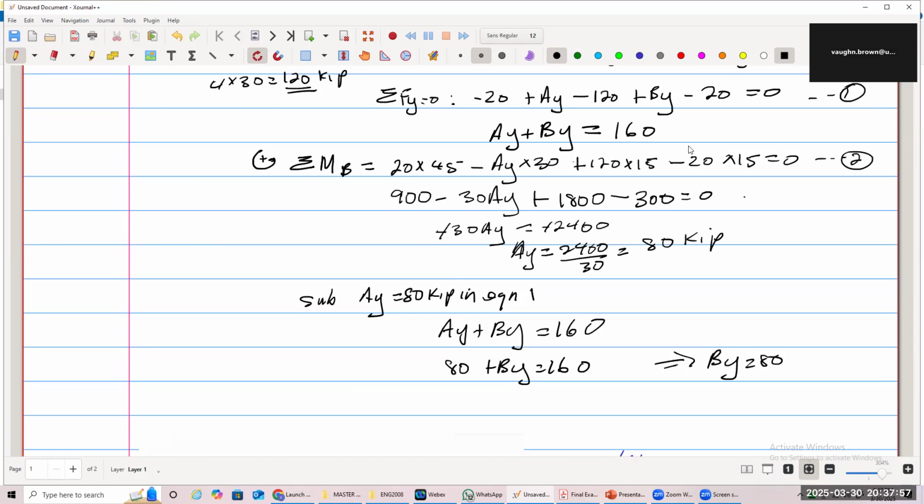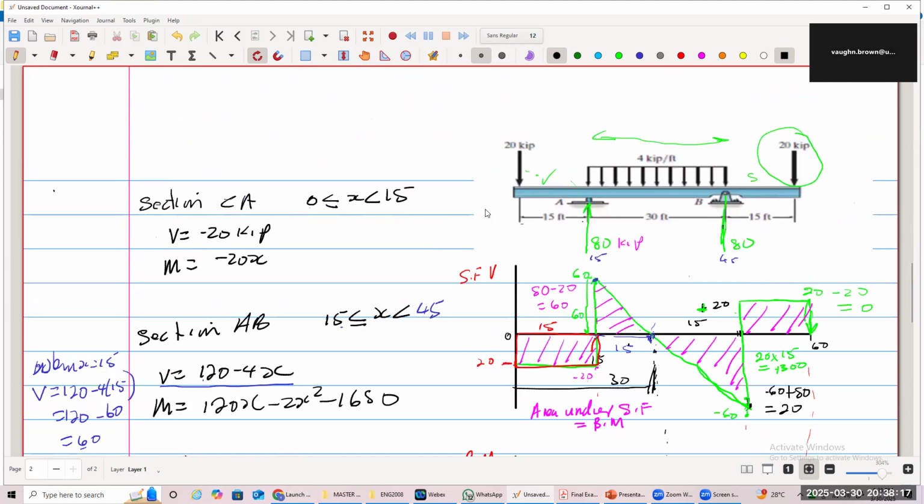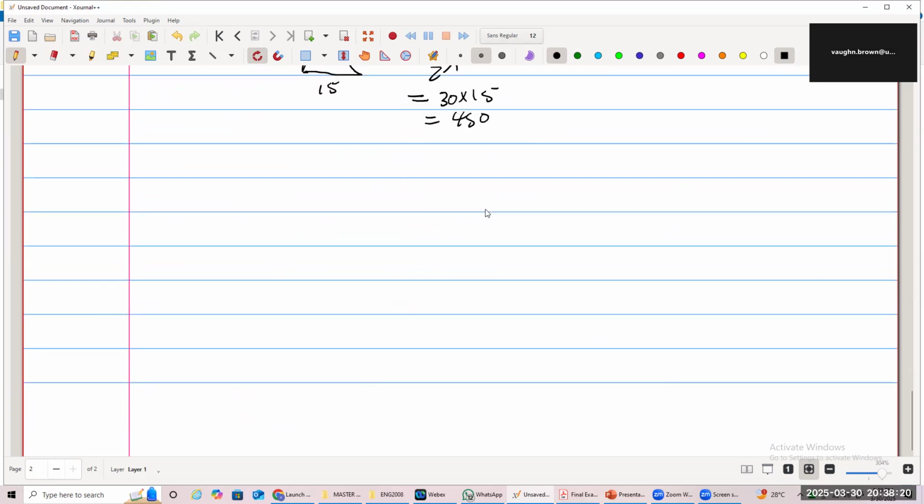And that is the challenge why I didn't really use the singularity method. But there is a singularity method, and there is a standard expression for when the beam is a simple support beam, not a UDL, right?